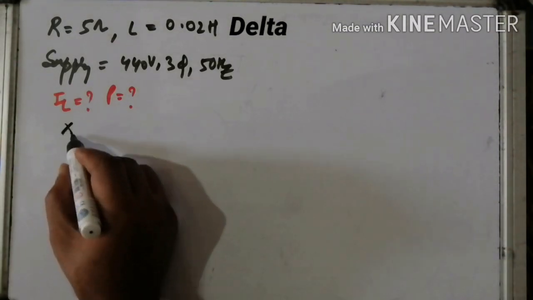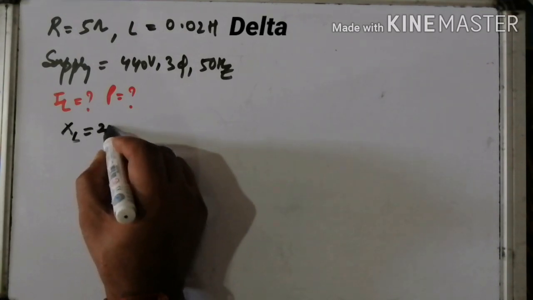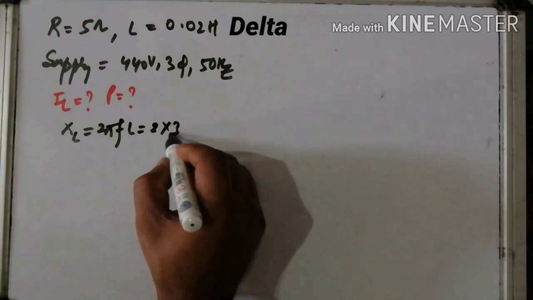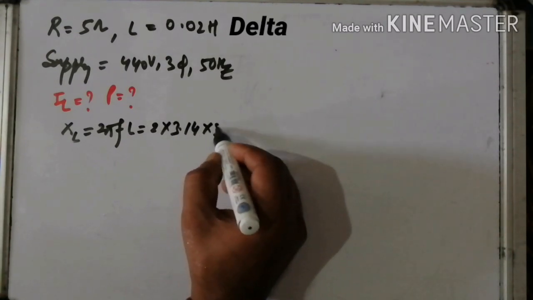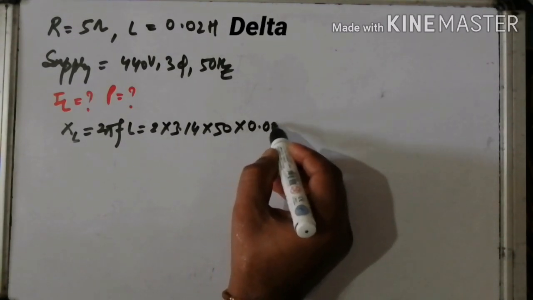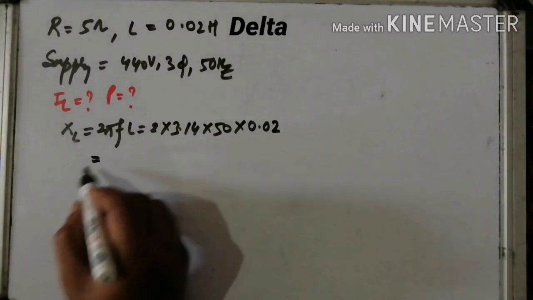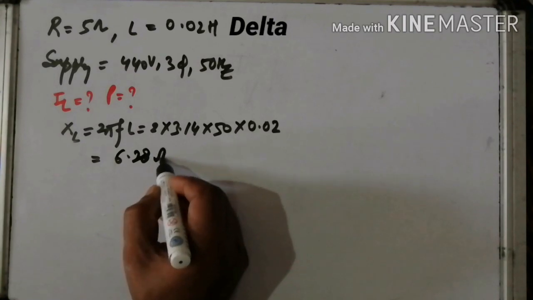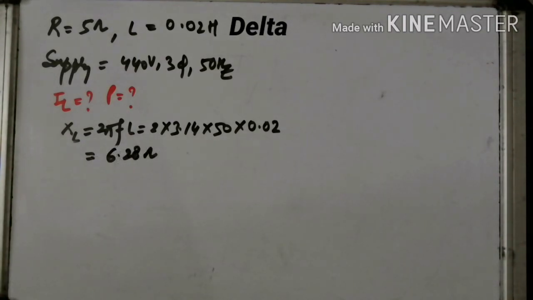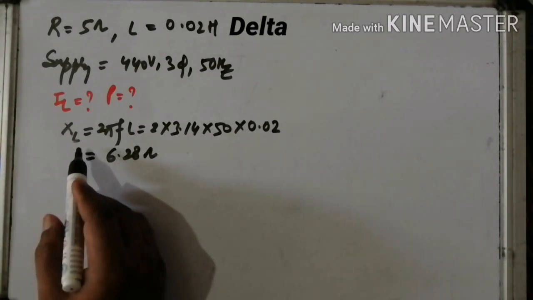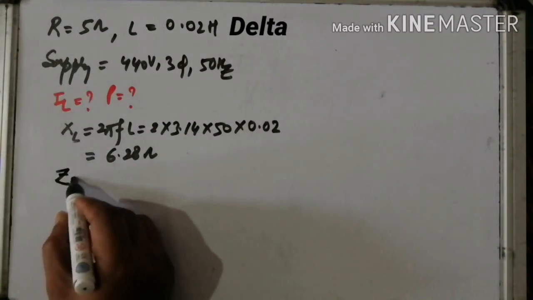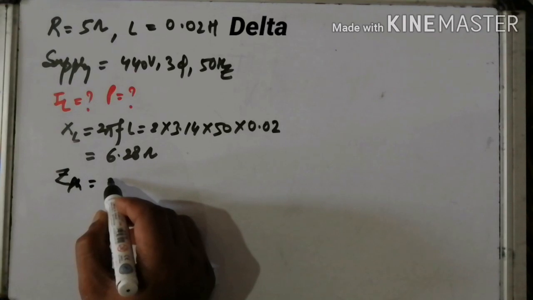First of all calculate XL, which is nothing but 2 pi FL. After this it is 6.28 ohm. With the help of XL and R we can calculate impedance per phase.